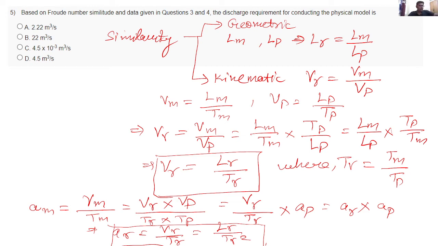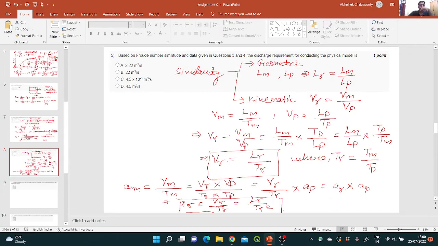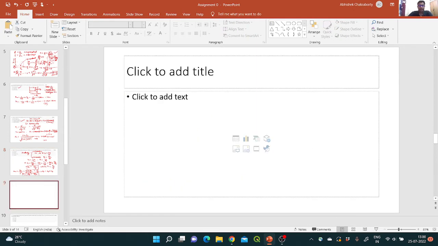There is another kind of similitude that is known as dynamic similitude. I will be explaining it using another slide. So the third type of similitude is the dynamic similitude, which would be used in this problem too.